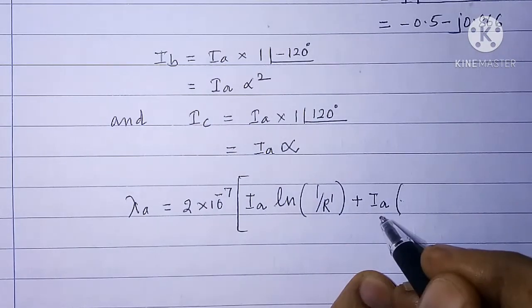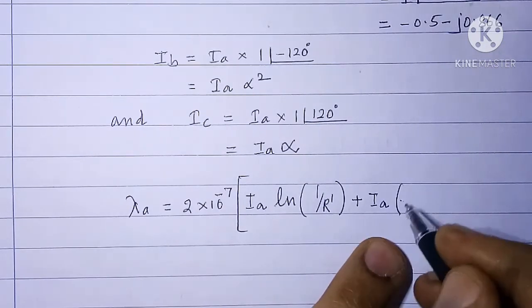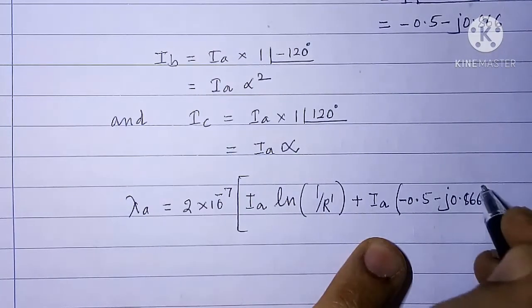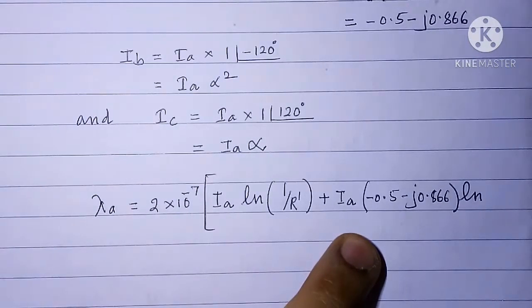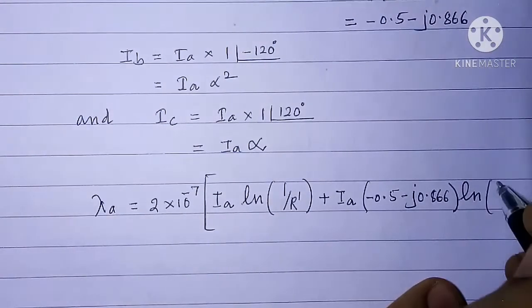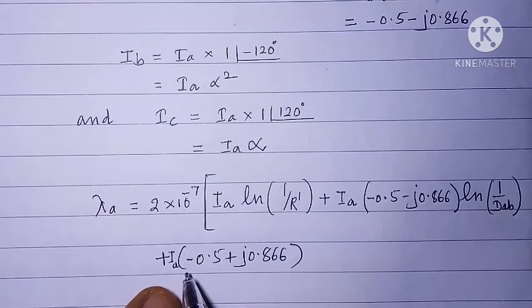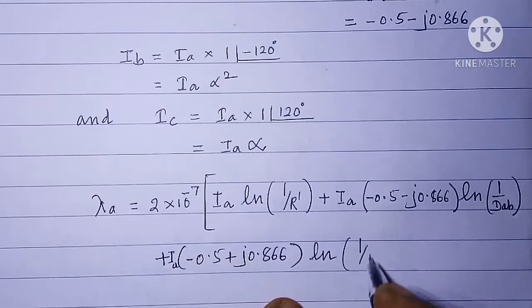Here I have to write the IB value, but IB is IA into alpha square. Alpha square is minus 0.5 minus j0.866, ln of 1 upon DAB, plus IA into alpha is IC, and alpha value is minus 0.5 plus j0.866, into ln of 1 upon DAC.